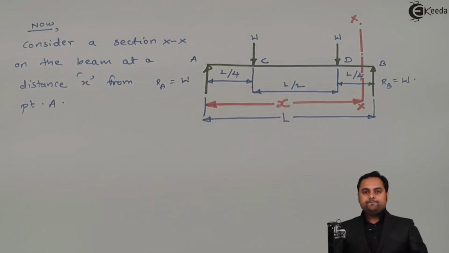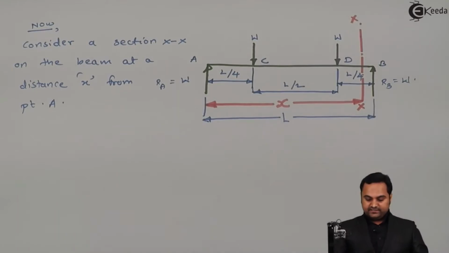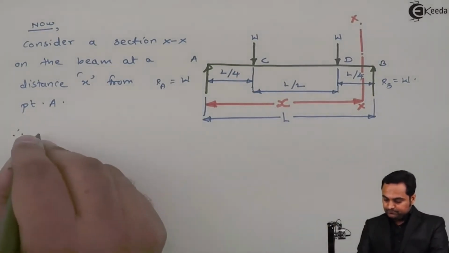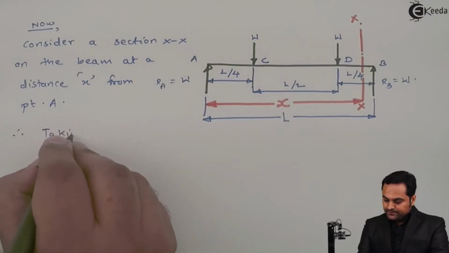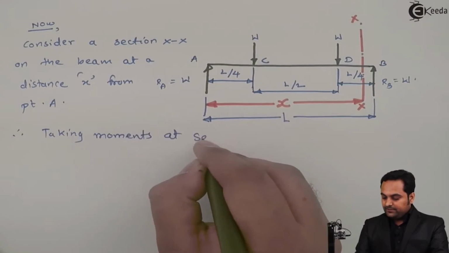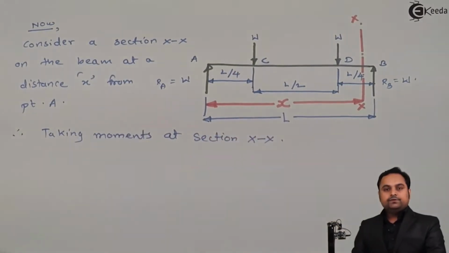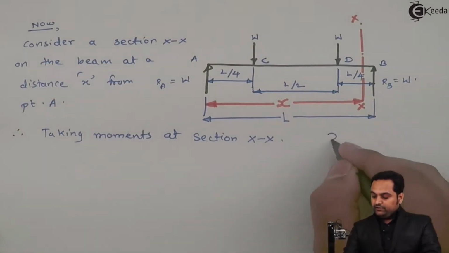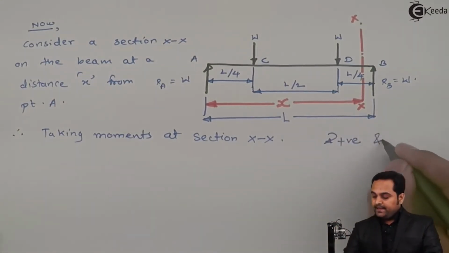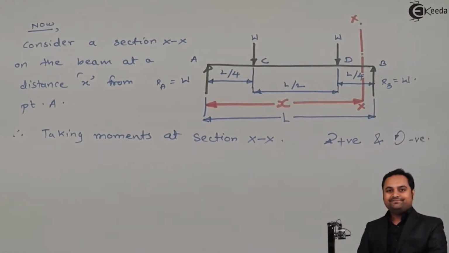The next thing would be, we will be taking moments at this section, which is XX. So, taking moments at section XX. Here, while taking the moment, clockwise moment will be treated as positive and anti-clockwise moment will be treated as negative.